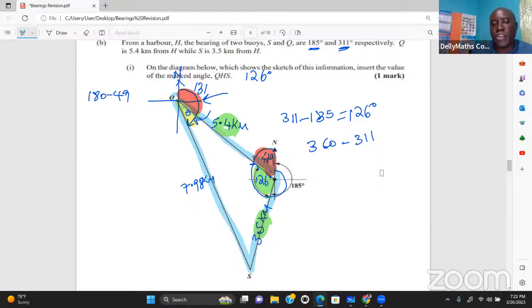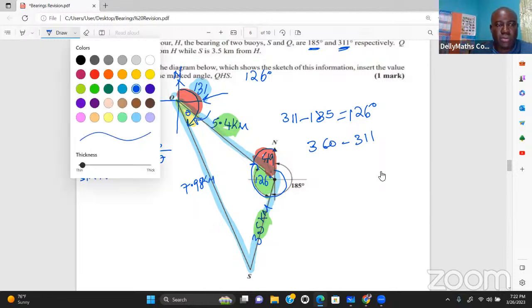Then we add it to 131 and we're good. So we could start off by saying 7.98 divided by the sine of 126 is equal to 3.5 divided by the sine of the angle we need. We could cross multiply right now.